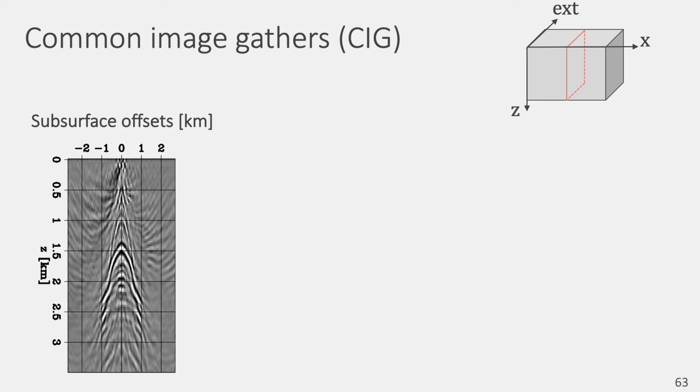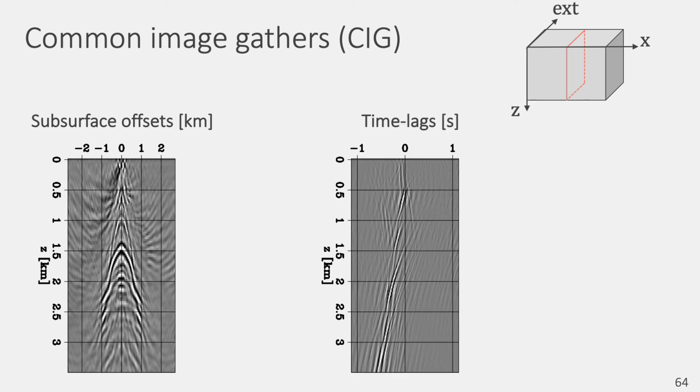This panel on the left shows the common image gather extracted at x equals 13 kilometers computed with a horizontal subsurface extension. The vertical axis is depth, and the horizontal axis corresponds to the extended axis. And the second panel on the right is the analogous common image gather, but this time for p tilde opt computed with a time lag extension. And again here, remember these two panels were computed separately.